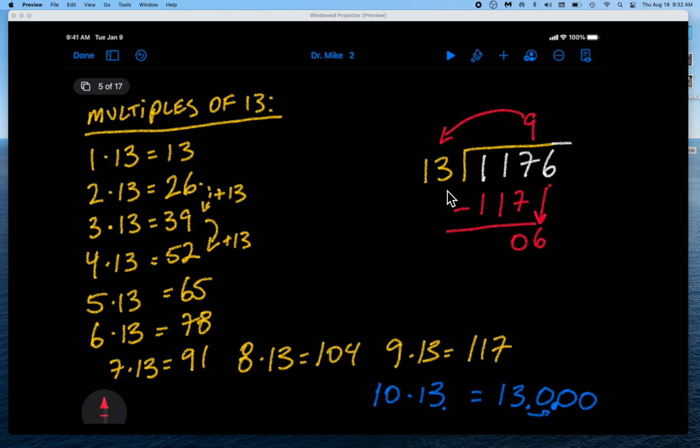How many times does 13 go into 6? 0. 0 times 13 is 0. Remainder 6. So this final answer is going to be 90 and 6/13. Okay. You have to build a table.